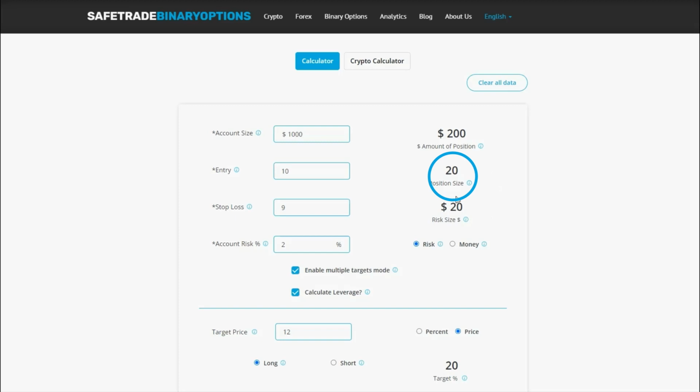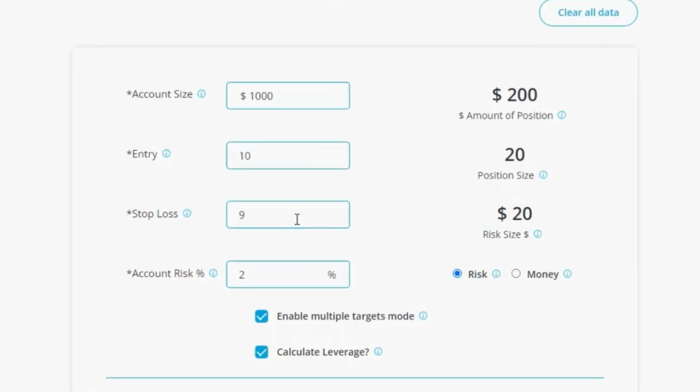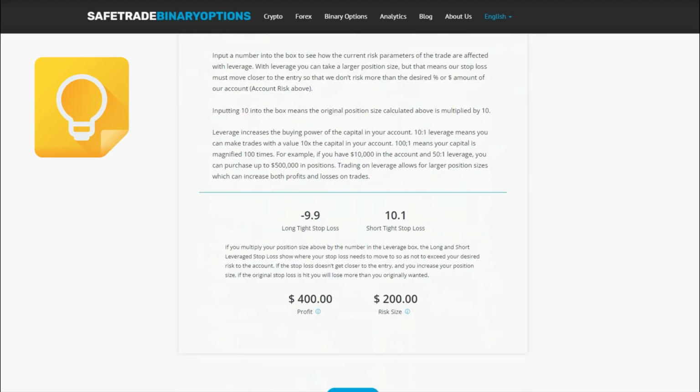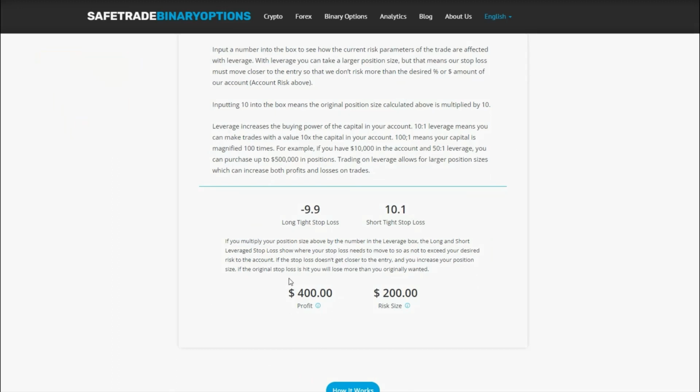So we can take a larger position size, multiply it by 5 or 10 or 20, whatever you want, but you would have to also decrease your stop loss amount. Otherwise, you're going to end up risking too much. Now, the beauty of this is that you can still keep that bigger profit. Remember, it told us that we could potentially make $400, but we were risking $200.